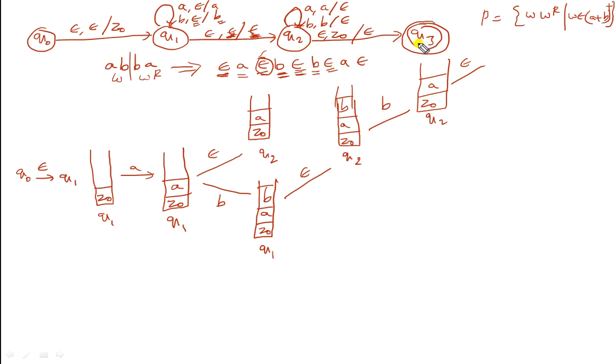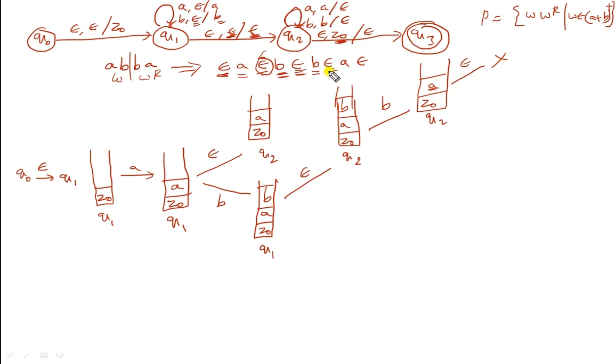Before actually writing the state of the stack, what we need to perform? We need to pop Z0. But what is the top of the stack? The top of the stack contains A, not Z0. So we cannot pop the element. This path is not valid.